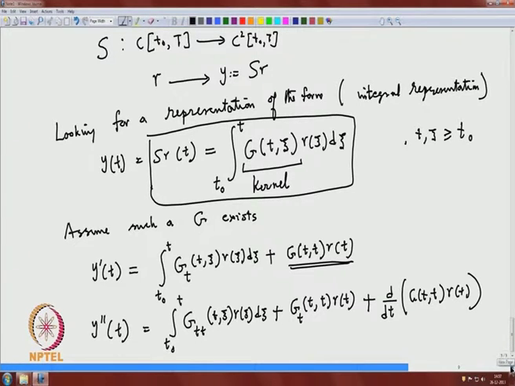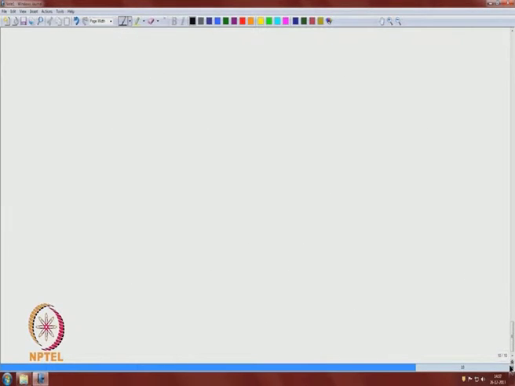So, you have calculated y prime of t and y double prime of t, and substitute in the equation. So, you will have L of y of t. You can actually do these justifications, because we have not introduced g yet.